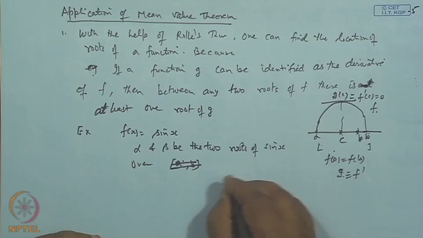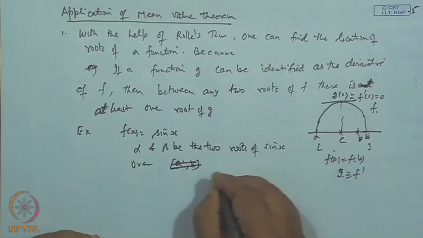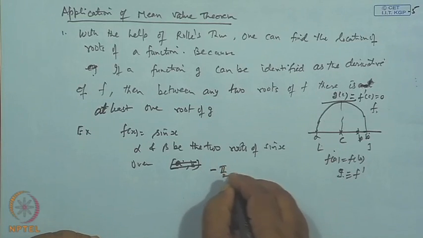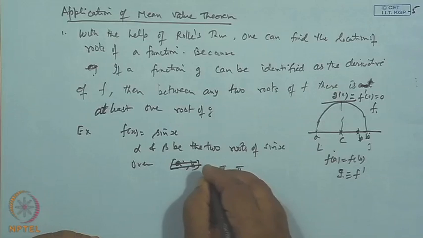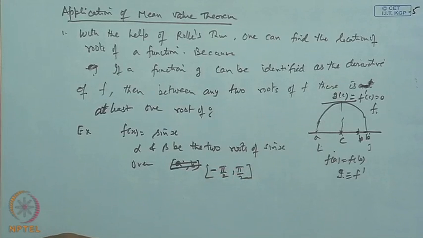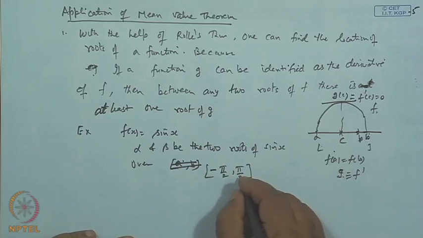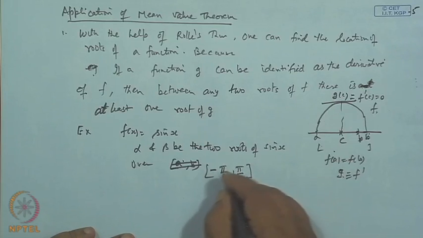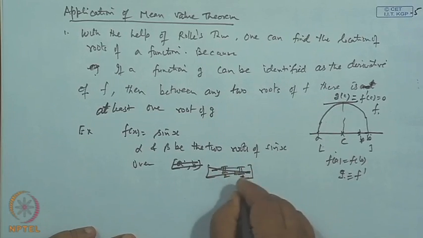So, over the interval minus pi by 2 to pi by 2, it will not help, because one will be 0 and the other not. So, do not take it.